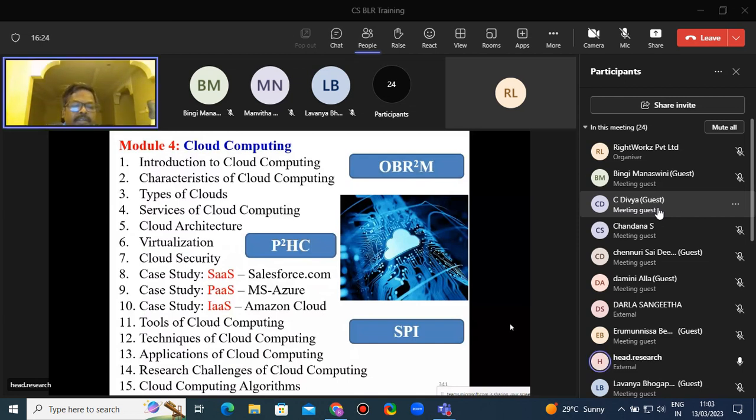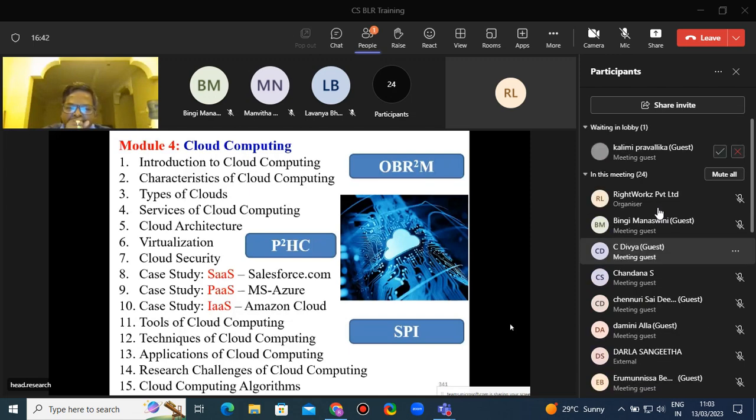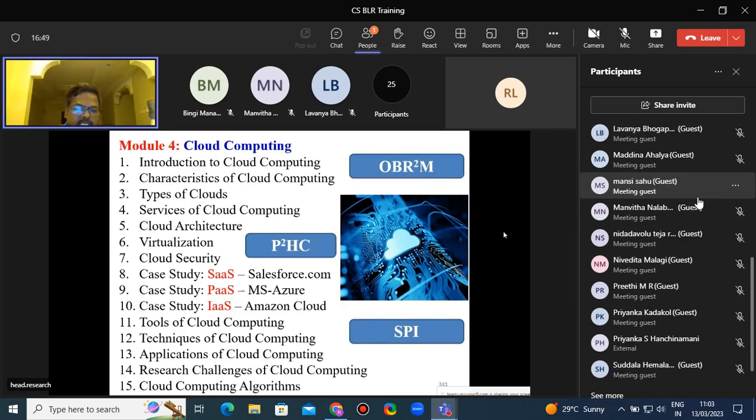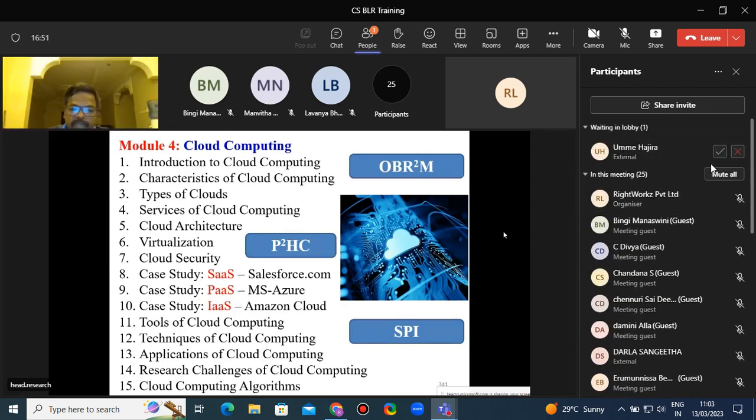Then tools of cloud computing, techniques of cloud computing, what are the applications of cloud computing, and the research challenges of cloud computing, and the cloud computing algorithms practical section. These are the 15 concepts today I am going to explain. Please listen carefully. If any doubt, you can ask.